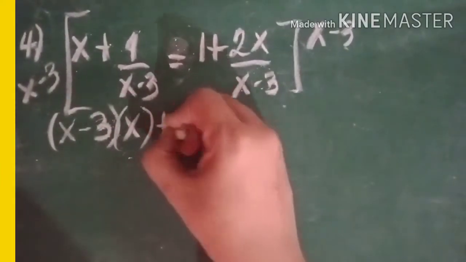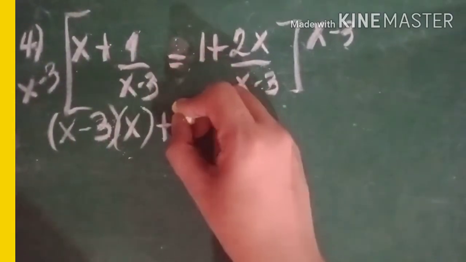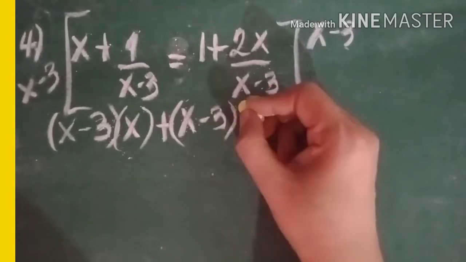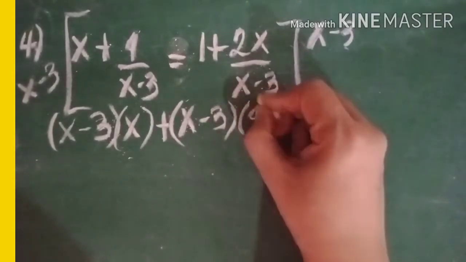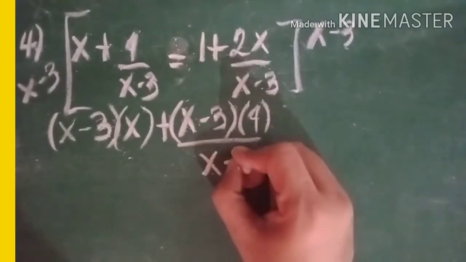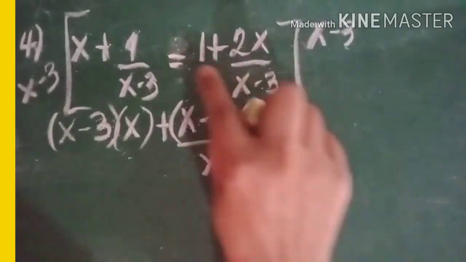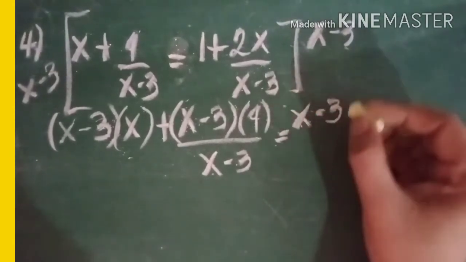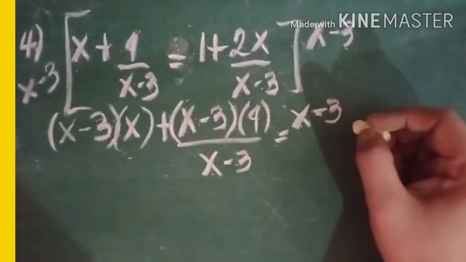Okay? Plus, yung x minus 3, ita-times natin sa numerator na 4. Then, i-over natin siya sa x minus 3. Since ang denominator ng 4 ay x minus 3. Equals 1 times x minus 3 is x minus 3.